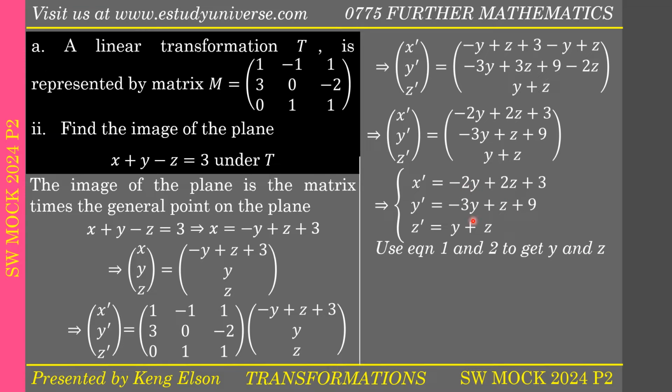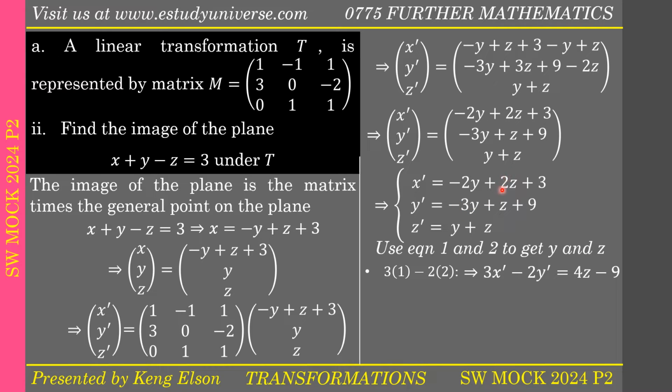So let's start by eliminating y. To eliminate y, we multiply equation 1 by 3 and equation 2 by 2, then we subtract the 2 equations. So 3 times equation 1 minus 2 times equation 2, what are we going to have? Let's begin with the left hand side: 3 times x prime minus 2 times y prime, we get this. Now 3 times negative 2y minus 2 times negative 3y is 0, because you get negative 6y minus negative 6y.